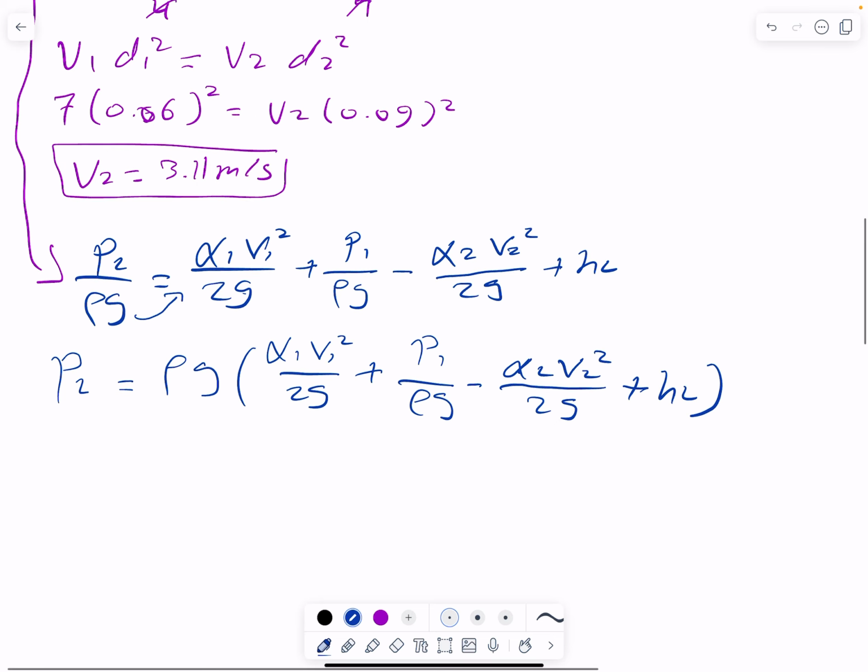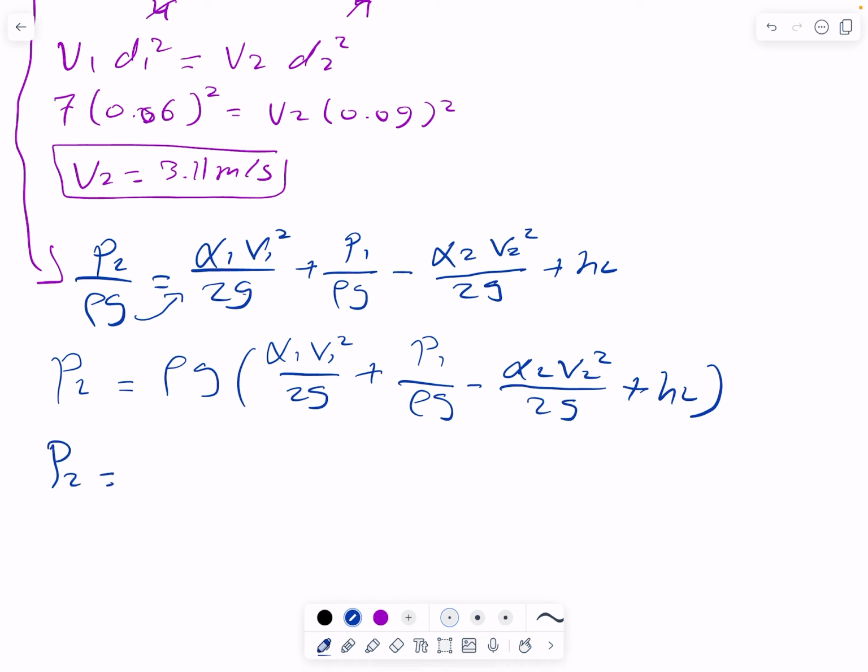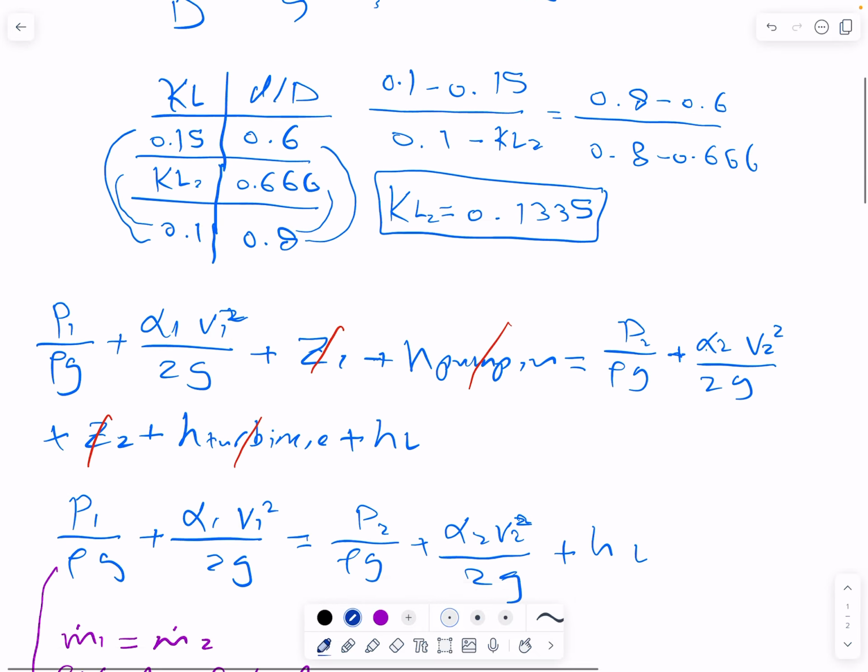So now I can make it more simple, but I will just substitute. So 1000 times 9.81, alpha is 1.06 times V1 squared, which is 7, I guess.